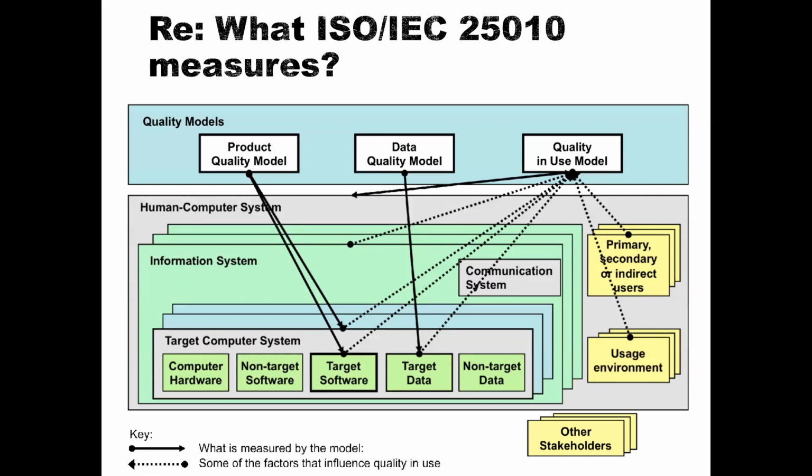So it relies on multiple different factors to calculate the overall measurement. So ISO 25010 is something which we always use to measure a target software, based on these three different quality models.